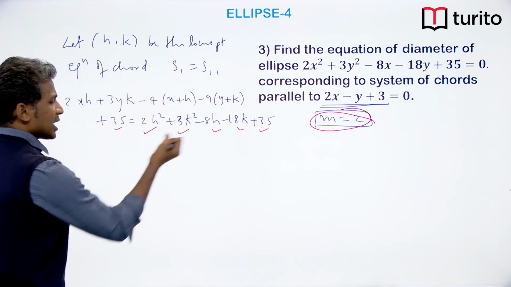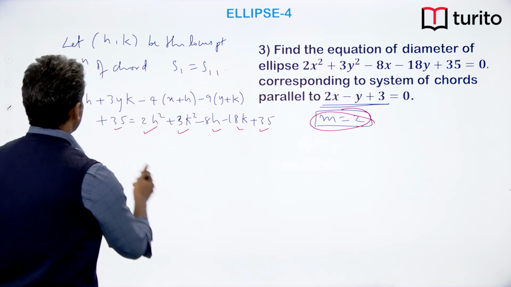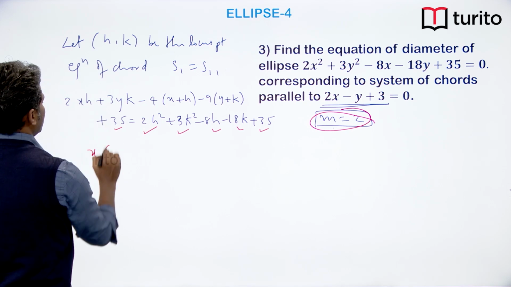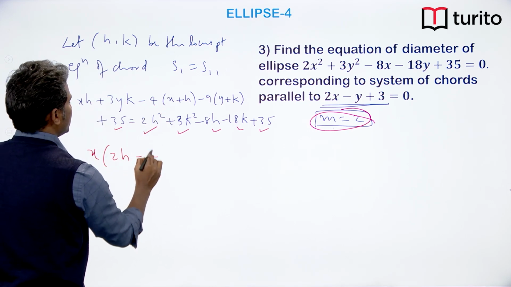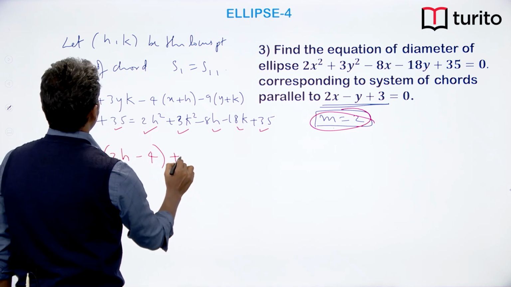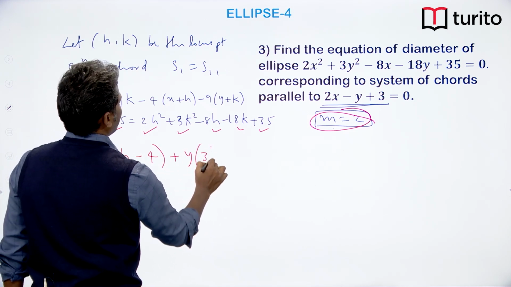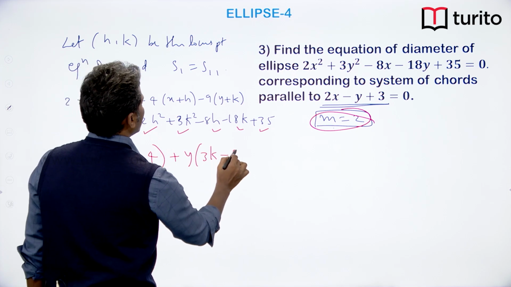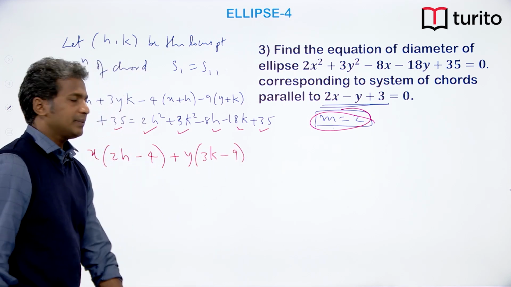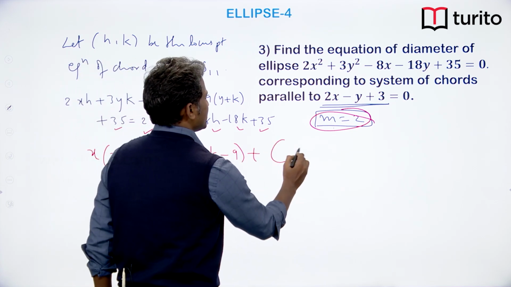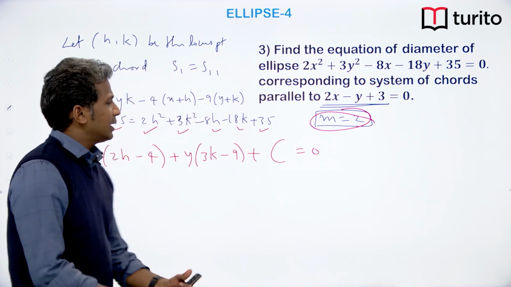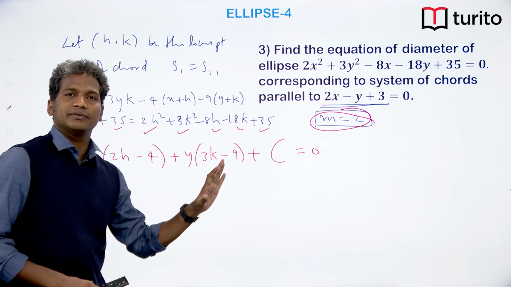So let me extract only the terms that I want. If I take x common, I get 2h here and minus 4 here. If I take y common, 3k here minus 9 here, and whatever remains is my constant c. I do not care what that constant is, I do not have to simplify.